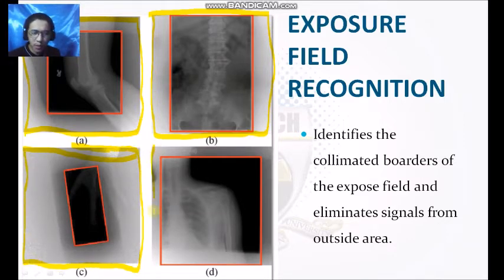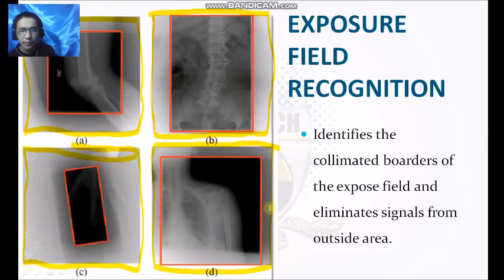Of course, we need to practice correct collimation. We need to collimate only towards the area of interest. So you have a very large cassette, and then you have only a very little area of interest. For example, the area of interest is only the fingers, the hand, or the knee.